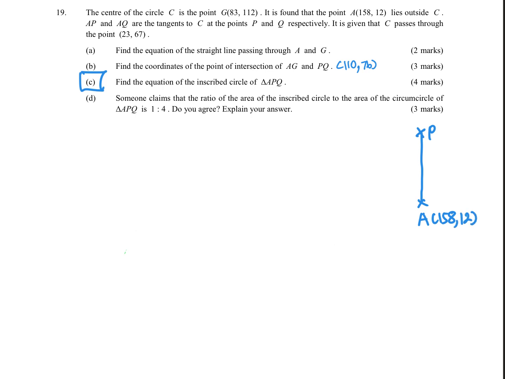And then for P, in part B, this is 158, or 112. They are vertically above. So you can see that AP is 100.